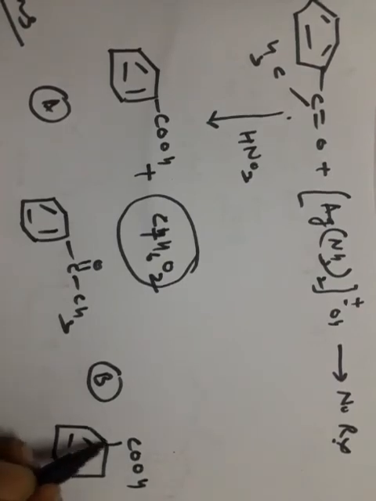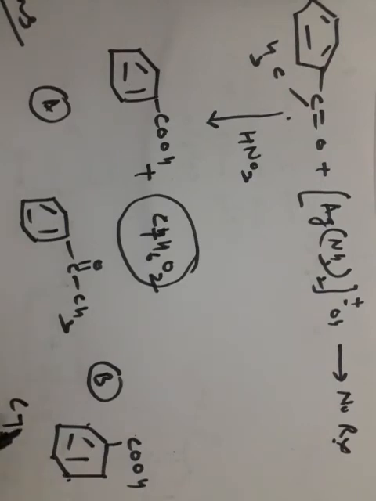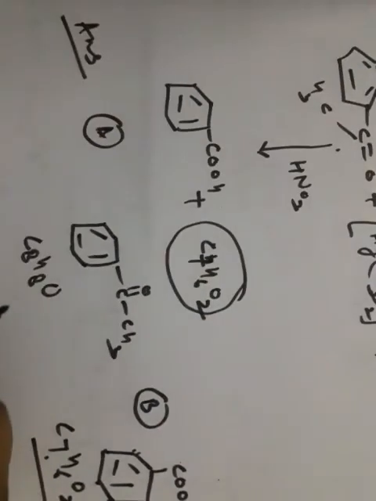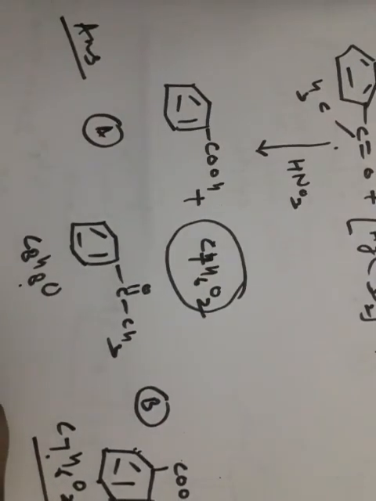In benzoic acid, the carbons are 7, hydrogens are 6, and oxygens are 2. This condition is satisfied, and in the case of compound A, the carbons are 8, hydrogens are 8 and oxygen is one. So this is the process of how we attempt these questions.